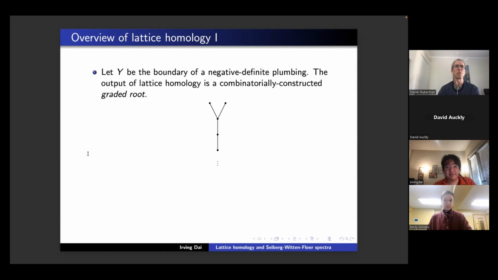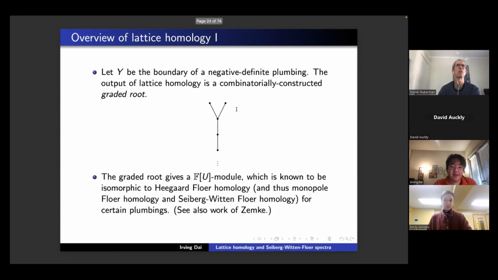The output of this thing I call lattice homology is what's called a graded root. I'm not going to give the precise definition, but a graded root is something like in this picture. It's some sort of infinite tree, an upwards opening tree with an infinite downward stem.